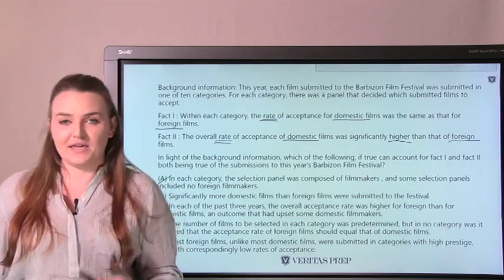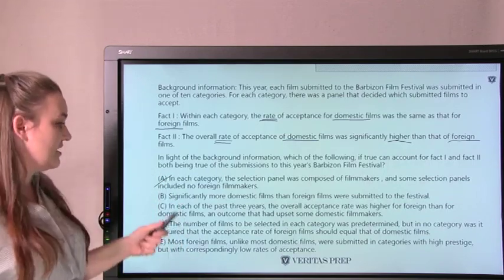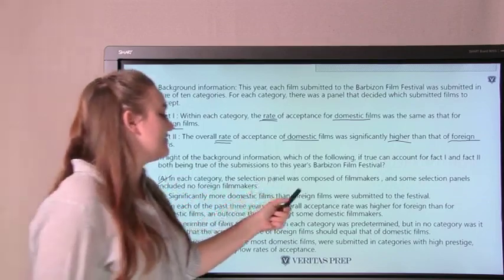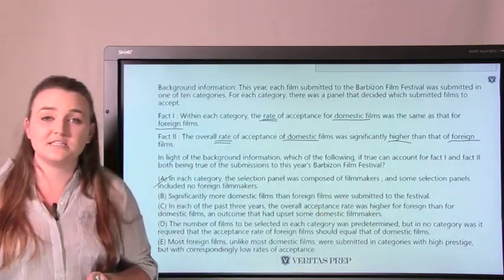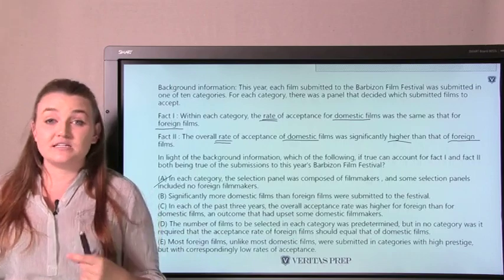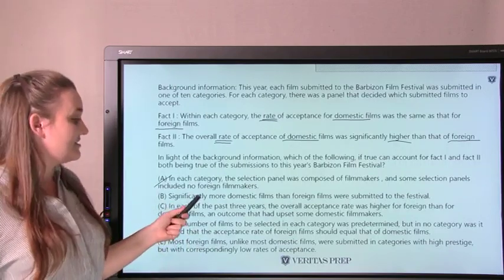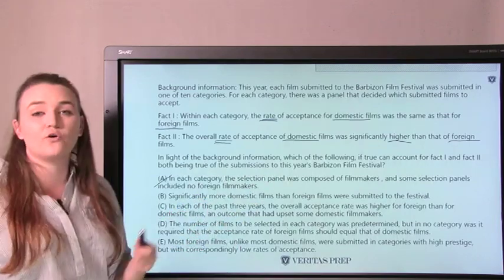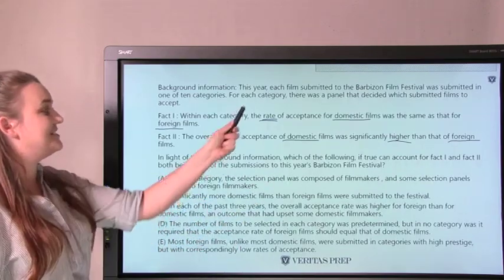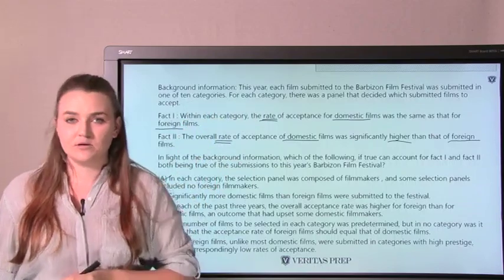And if we speak to B, we've had a couple of folks chime in on this point. Significantly more domestic films than foreign films were submitted to the festival. Like I mentioned with this idea of values versus scalable relationships, does the size of domestic versus foreign films impact the difference between the rates?